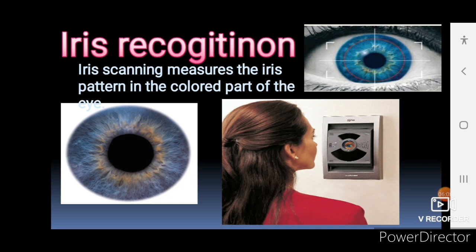The iris scanner cannot be deceived by using a photo or even an iris taken from a dead person, because iris scanning systems vary the light and check if the pupil is dilating or contracting as it should in response to the light.